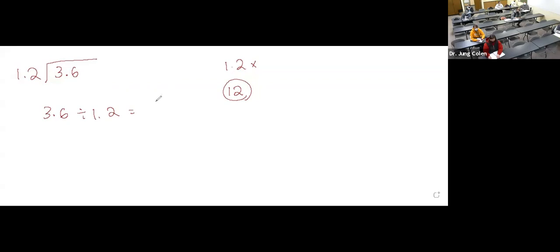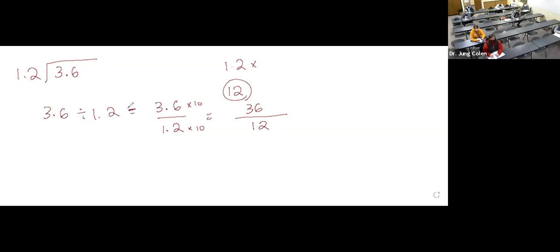When you are doing the division, that means 3.6 over 1.2, right? It's a fraction, the same thing. When you're doing this fraction, it's not easy for us to deal with decimals in the fraction. So we can change this to an equivalent fraction by multiplying both by 10. Then you have 36 divided by 12.